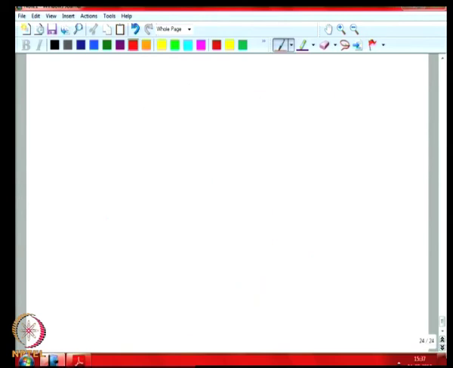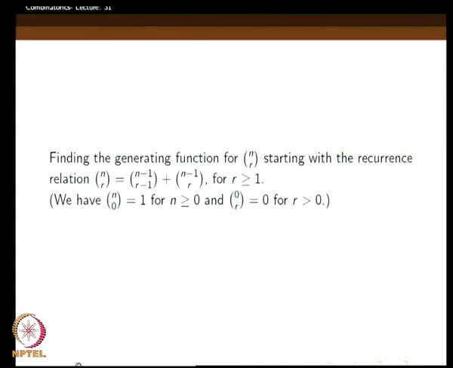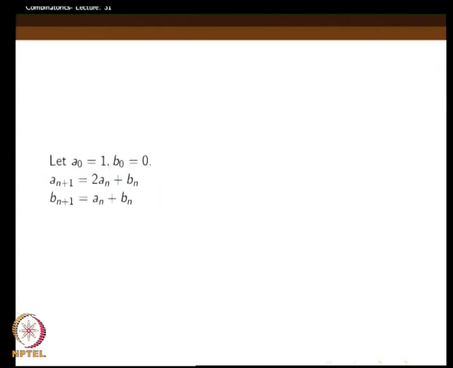Now, we want to consider one more example which is slightly different. Let us look at a system of recurrence relations. We have a sequence A0, A1, A2, A3, A4, etc., and another sequence B1, B2, B3, B4, etc., and we are given some initial conditions also, A0 equal to 1, B0 equal to 0.